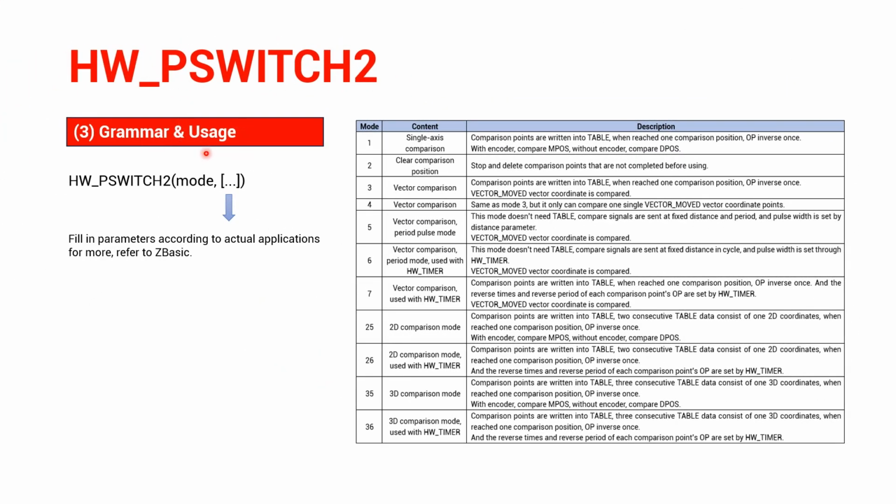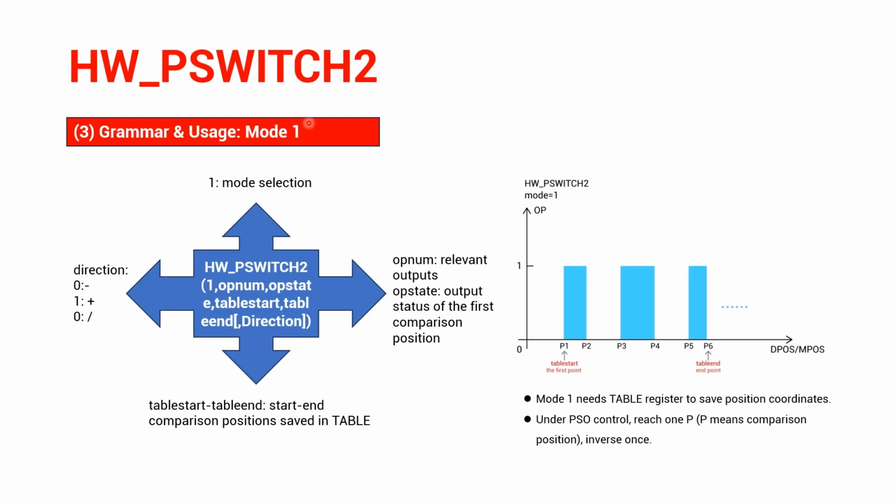Then, let's see its usage. From this, we can know there are many modes, and they should be with different parameters. Next, 2 typical modes will be shown. Here, Mode 1, Single Axis Comparison. These are parameters to be filled in.